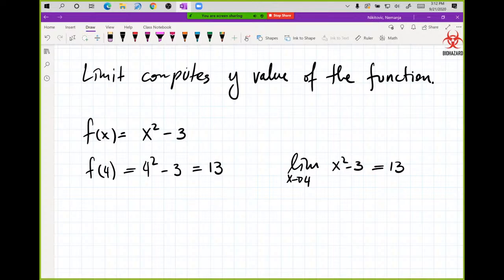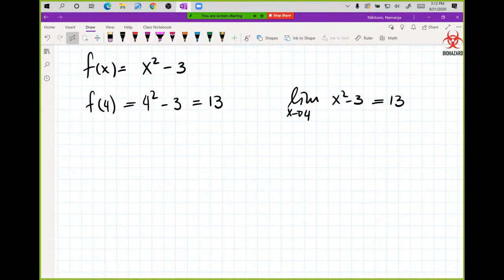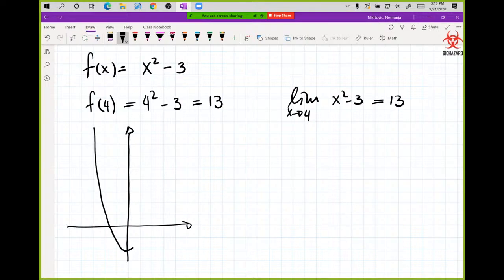So let's take a look at first the way to calculate this 13 using the graphical approach and what's happening behind the curtain. If I have x squared minus 3, that's going to be a function that dips below and goes through negative 3 over here.